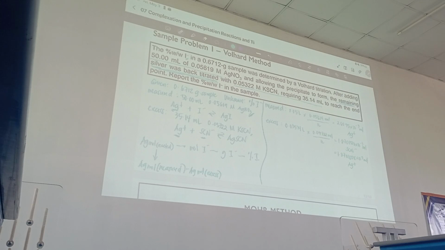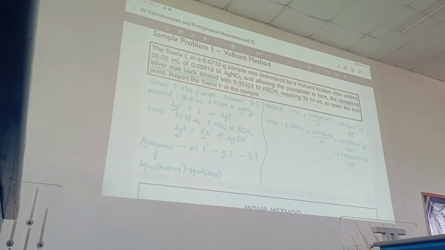Pareha na sila. Tanawa ka rin ang balance equation. Pareha na yung value nila. Ratio proportion.